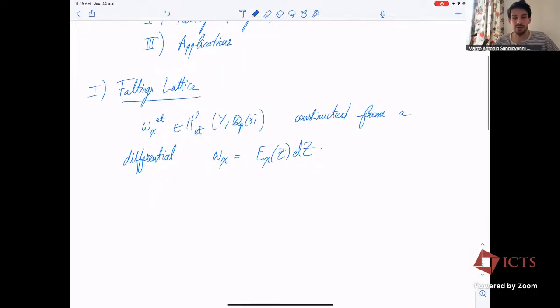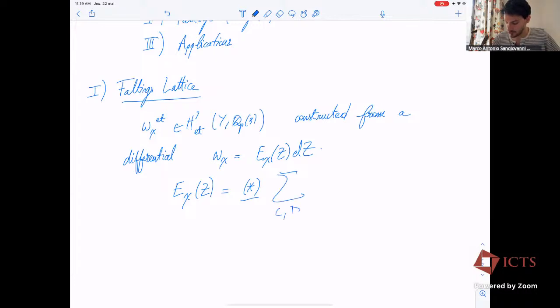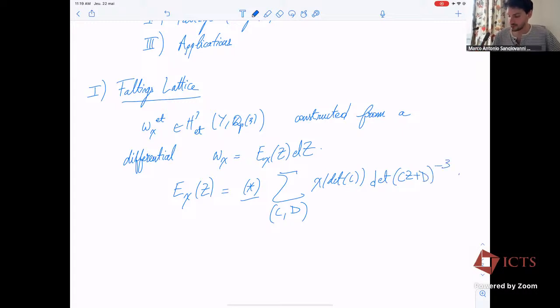Z is the variable on the Siegel space of genus 2. And E chi of z was the non-absolutely convergent series. Here we have a normalizing factor, and then a sum over pairs of 2 by 2 matrices, chi of that C, and then here I have the determinant of CZ plus D to the minus 3.